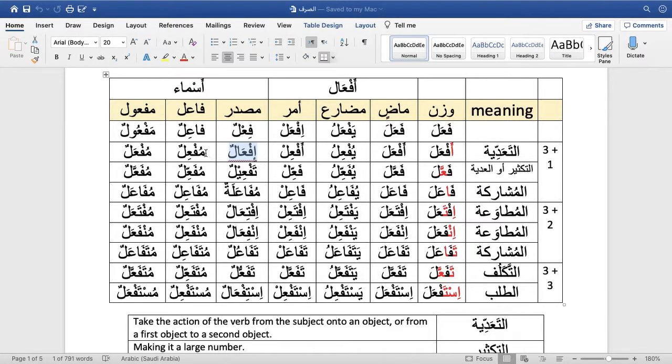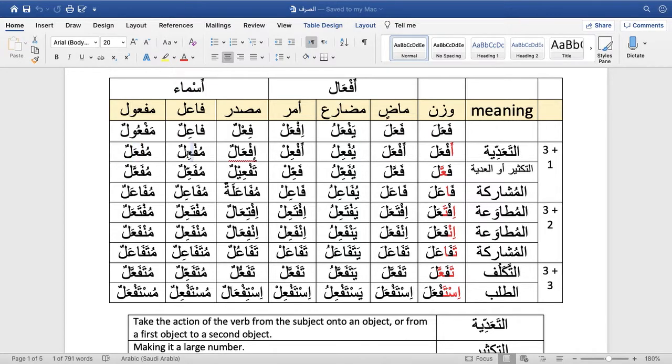etc. Right? Then the fa'il in this scale here is muf'ilun, and the maf'ul is muf'alun. And you shall see that throughout the fa'il and the maf'ul, throughout these scales, you're gonna have the same pattern. Is that the word is actually the same. The only difference is that for the fa'il, the ainul fi'l has a kasra, and for the maf'ul, the ainul fi'l has a fatha.